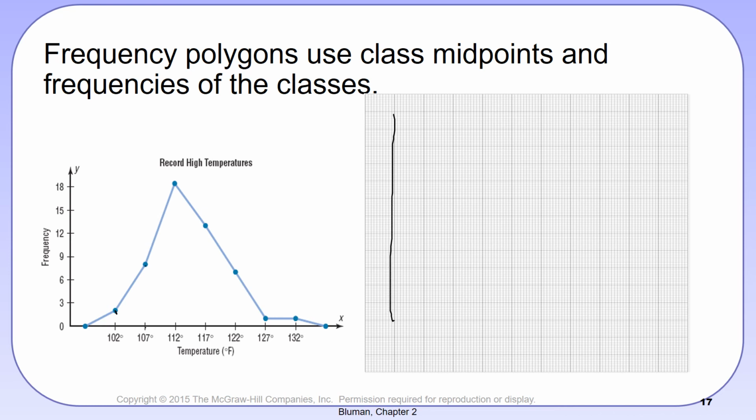This is a vertical line, this is a horizontal line. It is a little bit tilted, but this is the horizontal line. Here will be the midpoints. Start from here, 102, and here will be 107, here 112, here 117, here 122, 127, and here 132.